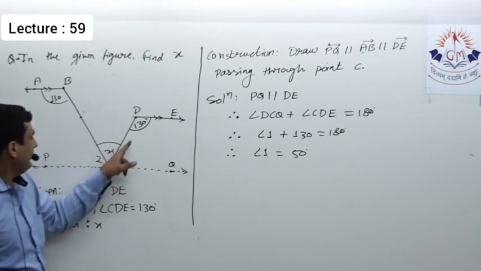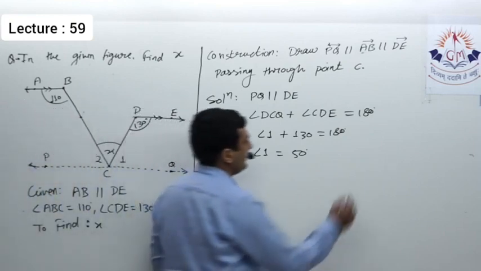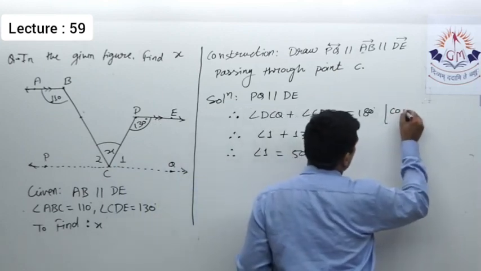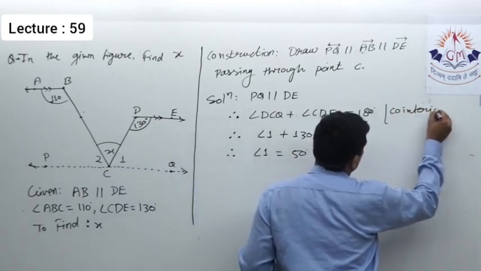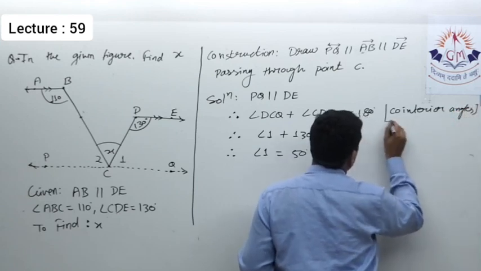Now why is DCQ plus CDE equal to 180 degrees? The reason is co-interior angles. Co-interior angles are supplementary.